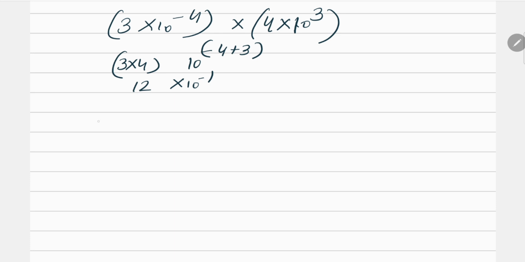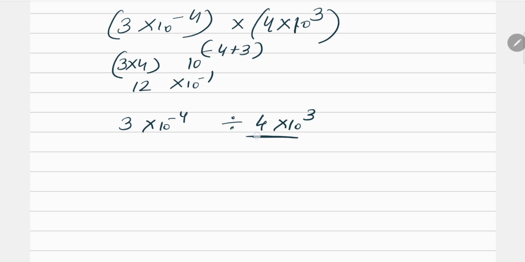Then let's take another case, the same number 3 into 10 raised to power negative 4 divided by 4 into 10 raised to power 3. So what is going to happen?